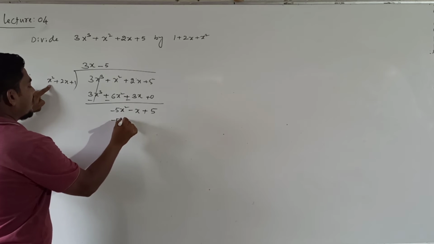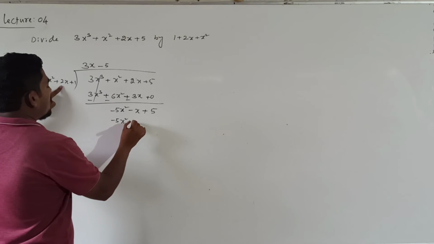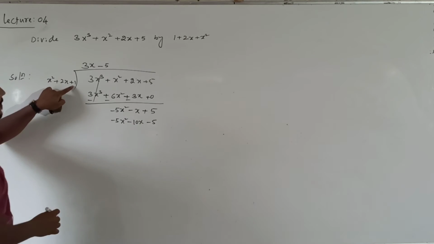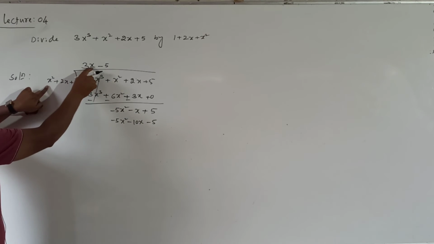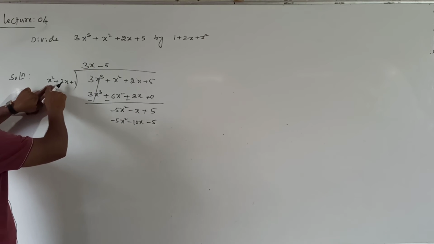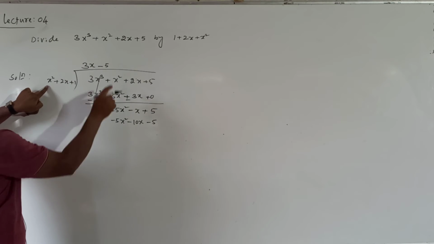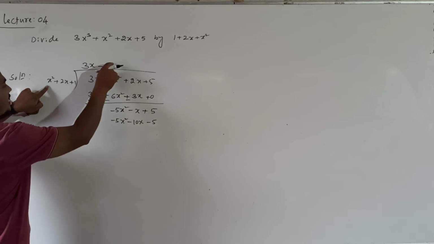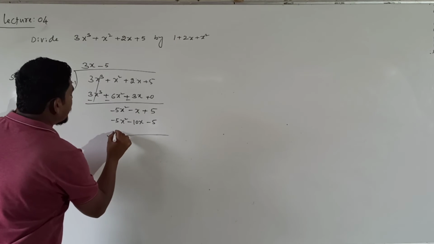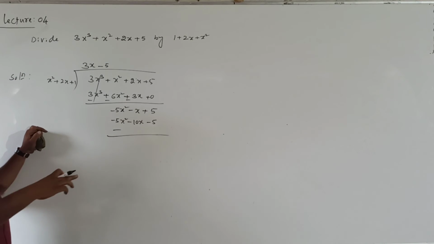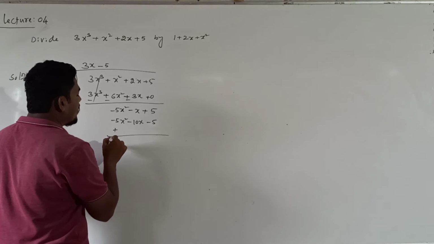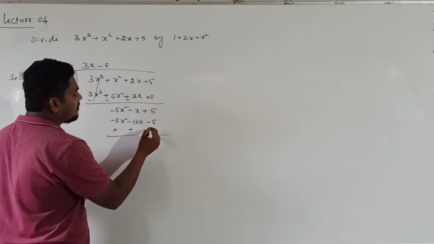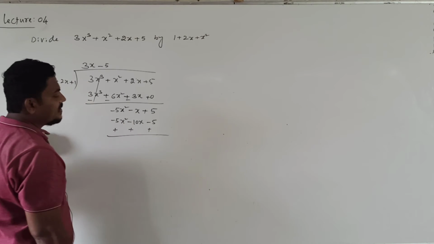Minus 5x square, minus 10x, minus 5. Usual multiplication. X square into minus 5 is minus 5x square, 2x into minus 5 is minus 10x, plus 1 into minus 5 is minus 5. Again reverse this sign because subtraction. Here we have positive, here negative means consider positive.